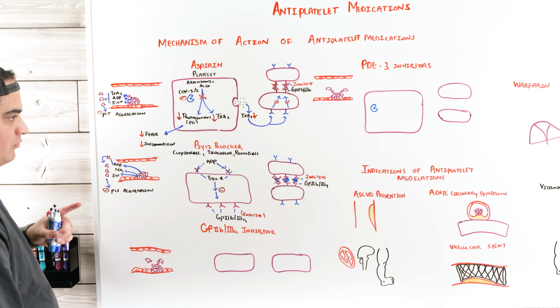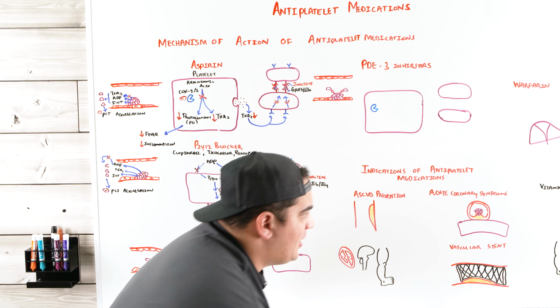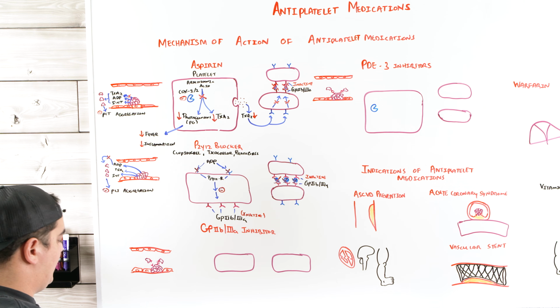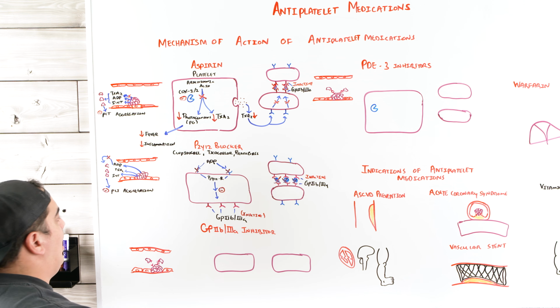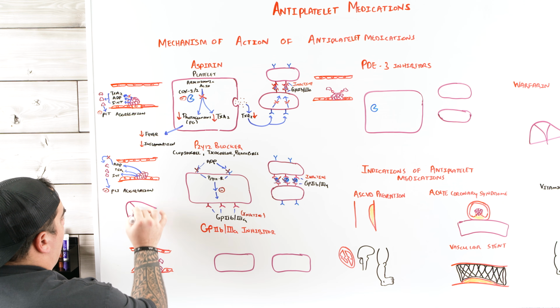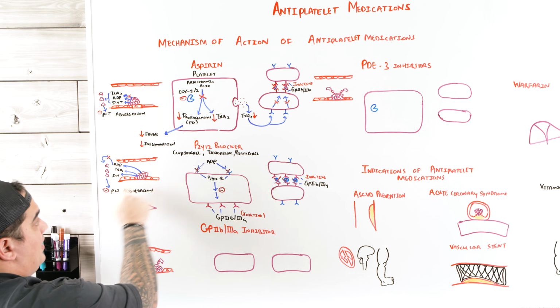Now, it's also important to know, clopidogrel is one of those drugs where it is metabolized via the liver. So let's say here, I have the liver, and clopidogrel is metabolized by that, right?